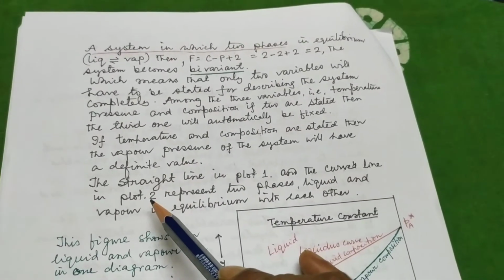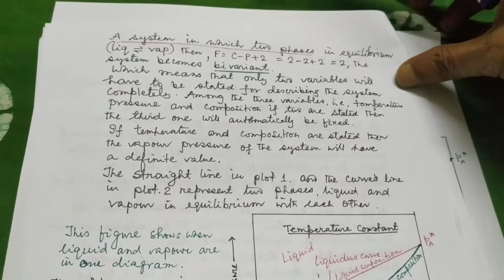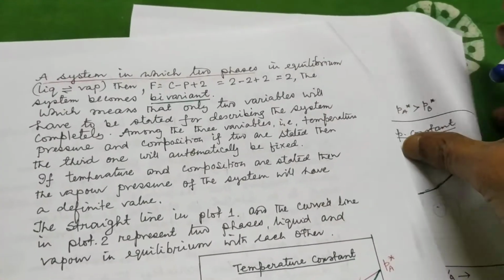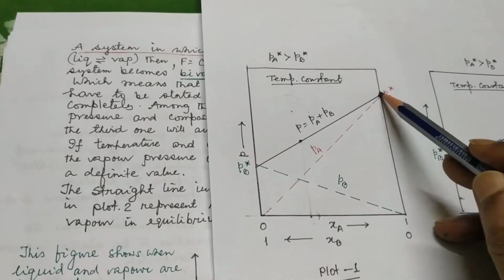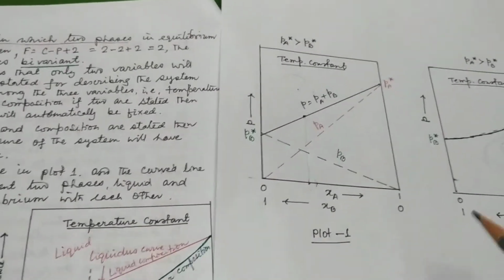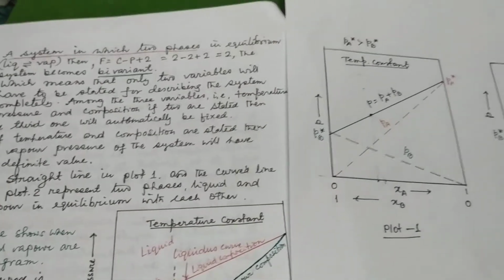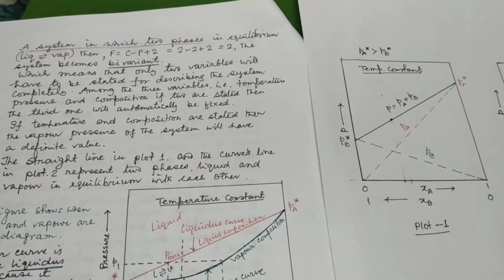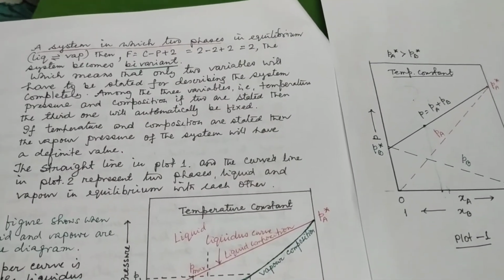Now the straight line plot in 1 and the curved line plot in 2 represent two phases, liquid and vapor, in equilibrium with each other.